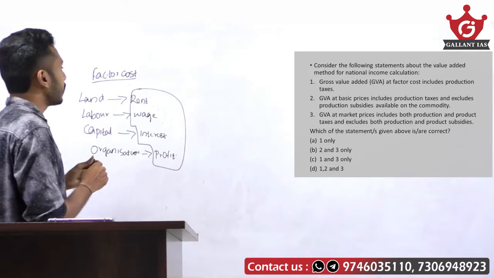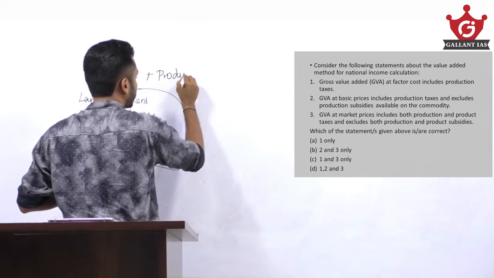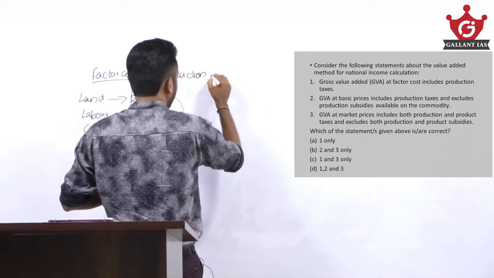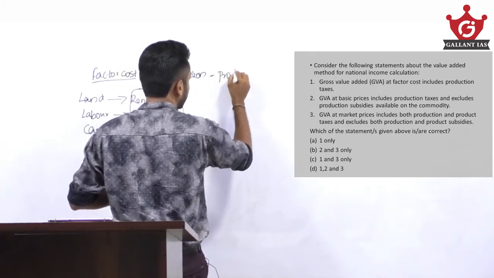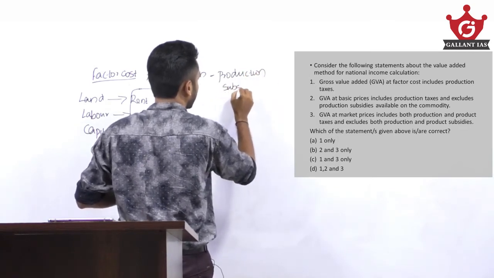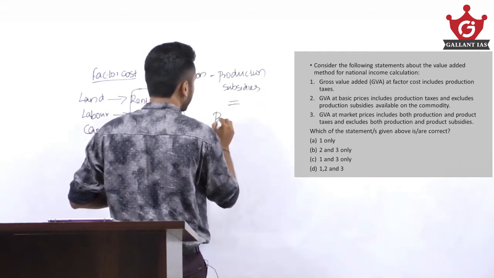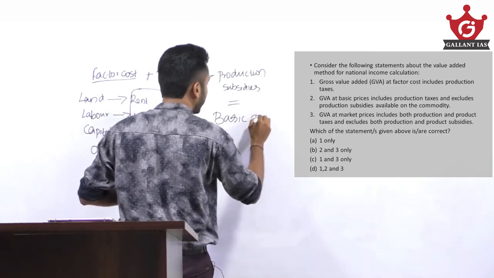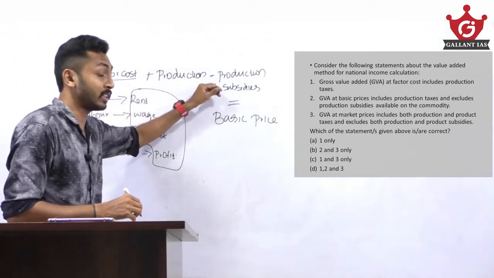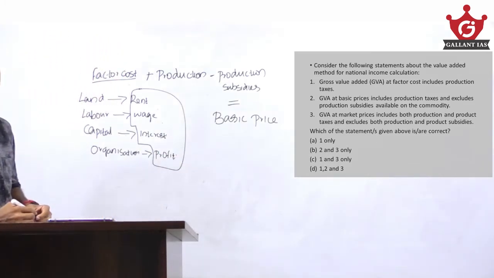With this factor cost, if we add production taxes, that is a fixed variable, and subtract production subsidies, we will get national income at basic price level. So factor cost plus production tax minus production subsidies is national income at basic price.